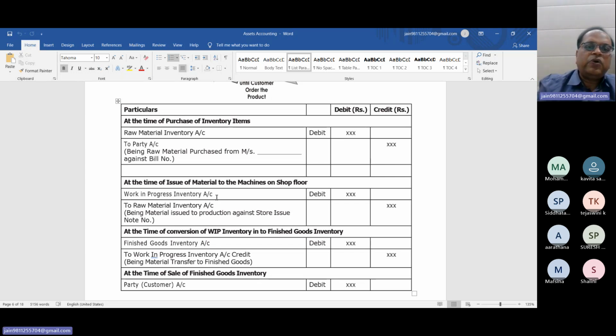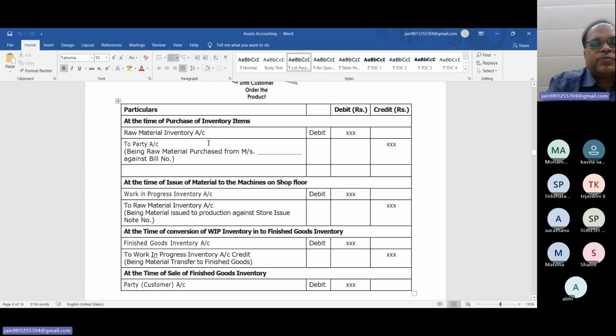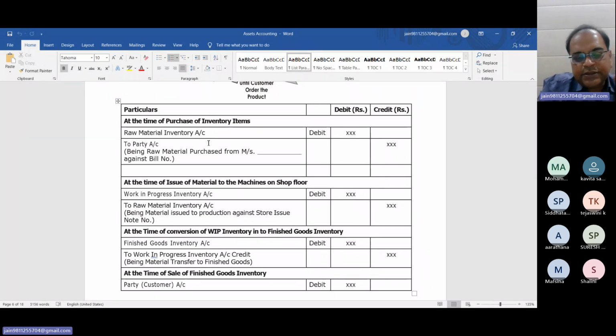Raw material inventory account debit to party, raw material inventory account debit to bank, or raw material inventory account debit to cash. All may be possible. At the time of purchase of inventory, the entry is raw material inventory account debit to party. When party? Whenever goods are purchased on the basis of credit. If the goods are purchased on cash basis, if you make the payment in cash, so cash. If you make the payment through bank, so bank.